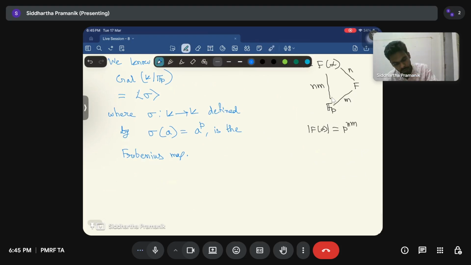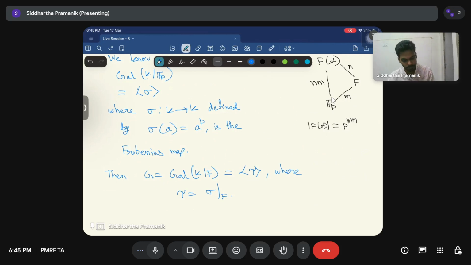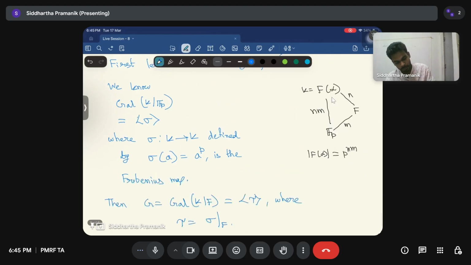So if you recall, G, which is the Galois group of K over F, will be generated by tau, where tau is nothing but sigma restricted to F. Sigma, and order of sigma is nm.